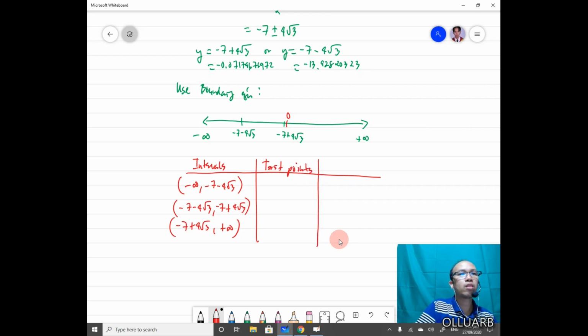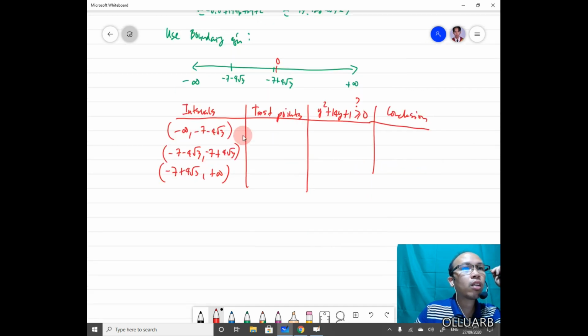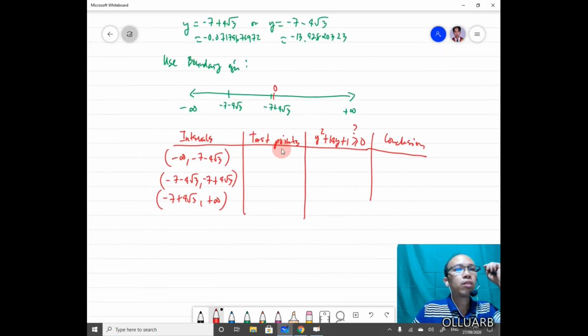Let's have our equation, y squared plus 14y plus 1. Then the test points, then the conclusion.